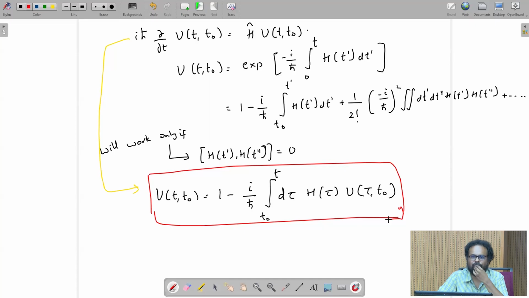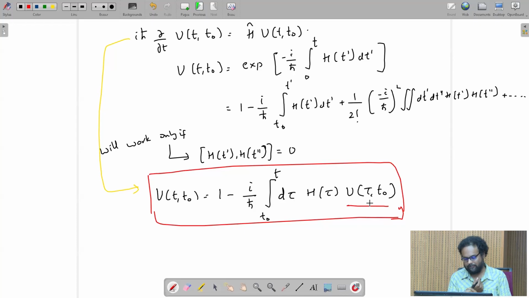To find the form of U(t, t naught), you already need to know its form. You see, this is inside the integral, right? So U(t, t naught) is a function of itself, which is not a practical thing. It's kind of not useful, right?